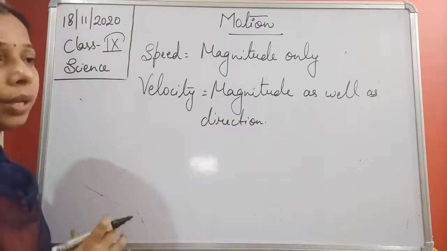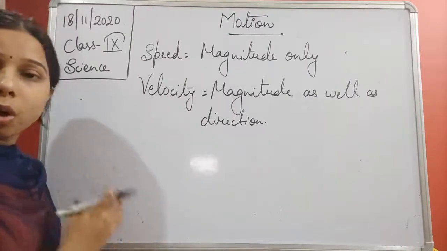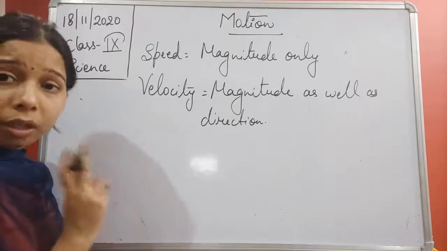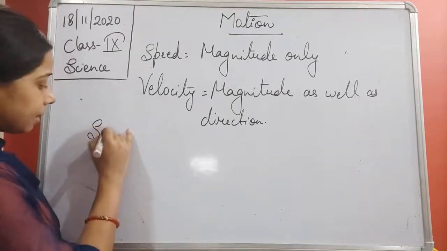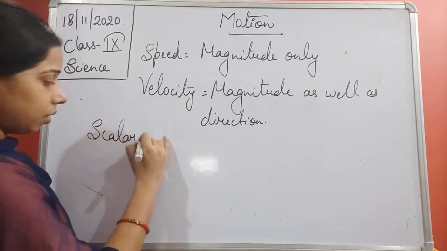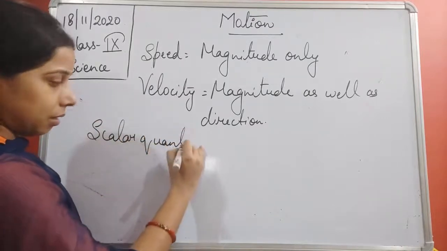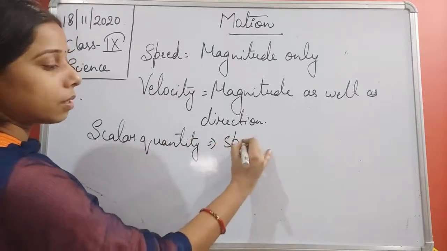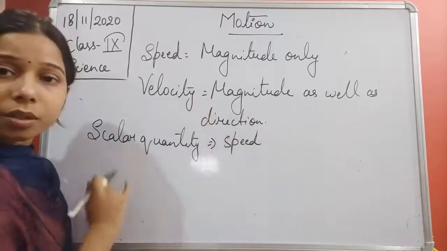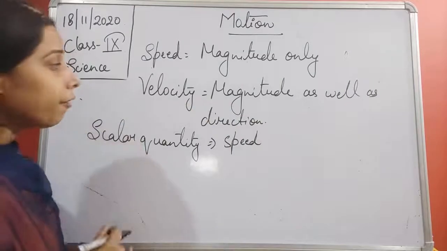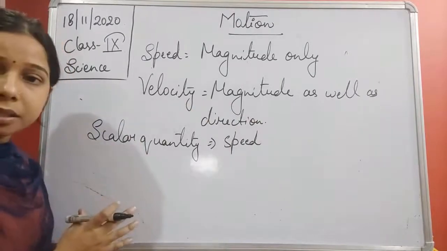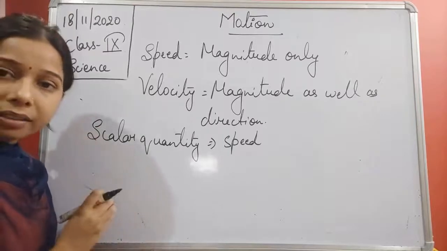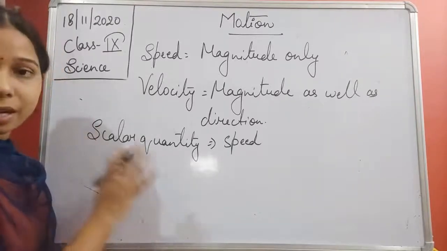And we know that the quantity which shows the magnitude only is known as a scalar quantity. So on this basis, we can say that speed is a scalar quantity. If we talk about velocity, velocity explains both of the things, magnitude as well as direction.